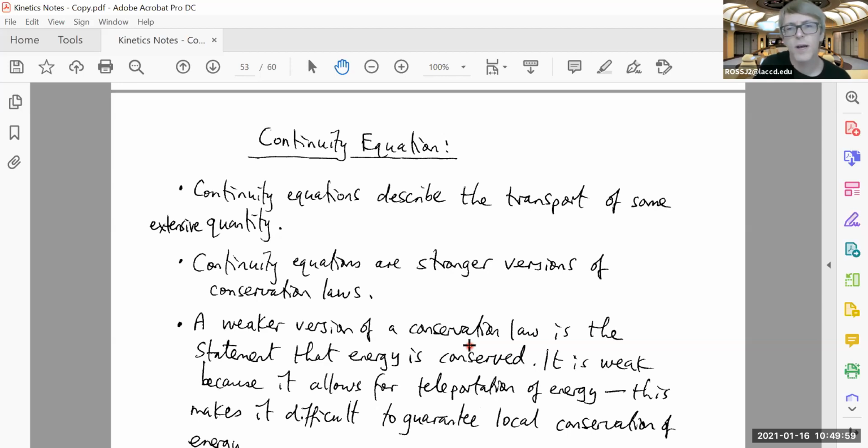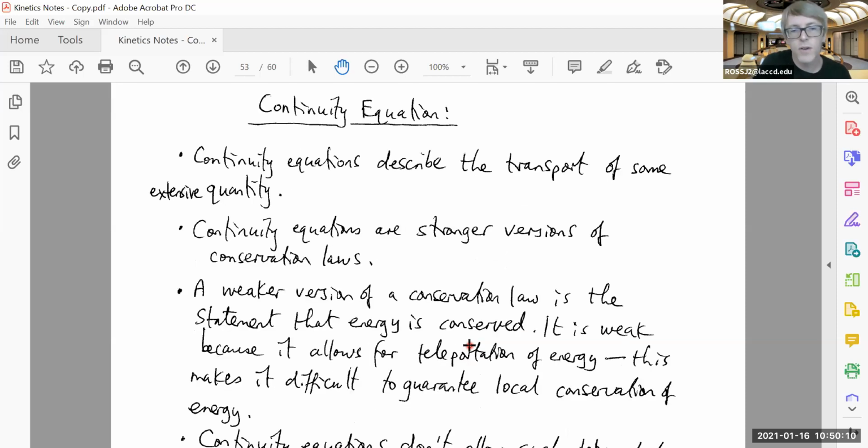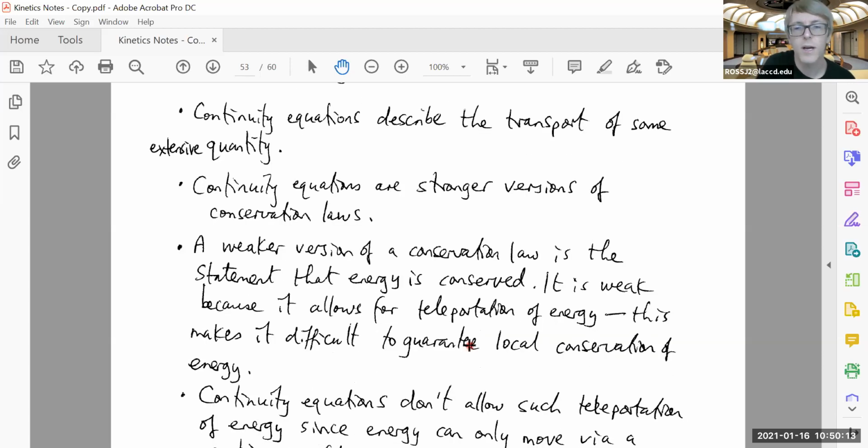Continuity equations describe the transport of an extensive quantity in general, and the extensive quantity we want to refer to here is energy. Continuity equations are a stronger version of conservation laws, and we'll see why in a second. The weaker version, the conservation law that we just looked at previously, says that overall energy is conserved, but it's not a local phenomenon.